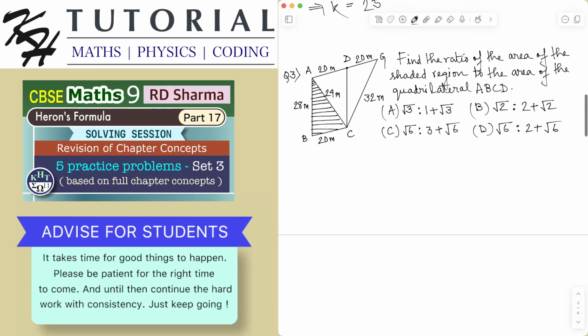Question number 3. Find the ratio of the area of the shaded region to the area of the quadrilateral ABCD. So ABCD is a quadrilateral. You have to study the diagram carefully and what information we are given.